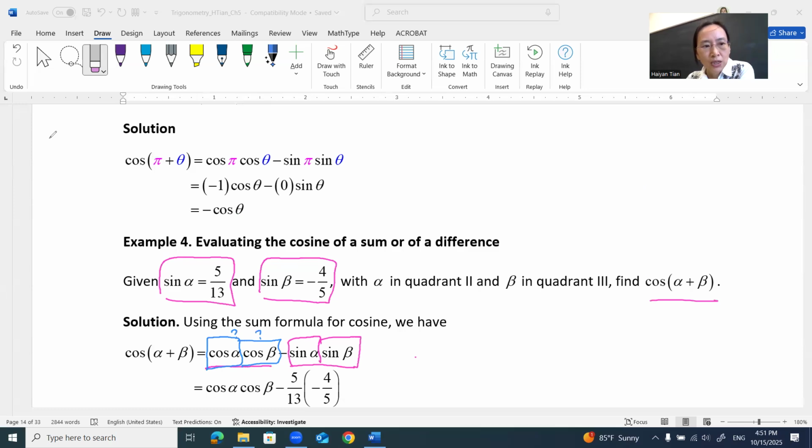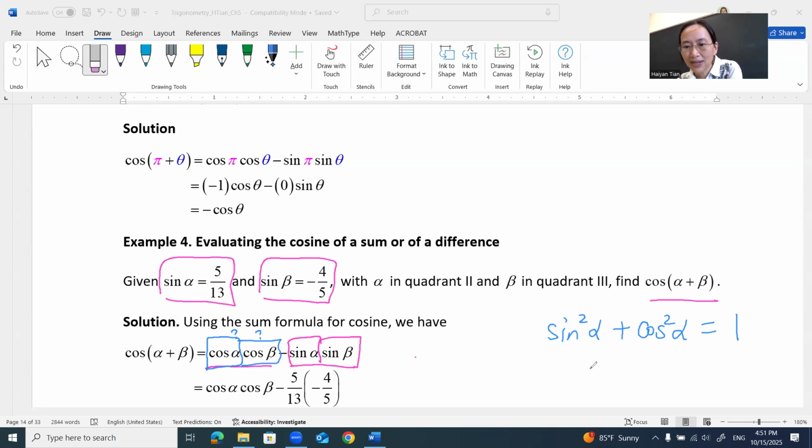So what do you think? Given sine alpha, we can find cosine alpha, right? Because we know the fundamental identity, one of them is called the Pythagorean identity. We have three of those Pythagorean identities, and this is one of those three. This identity involves sine and cosine.